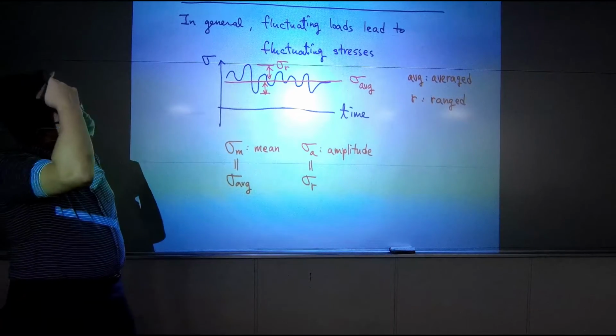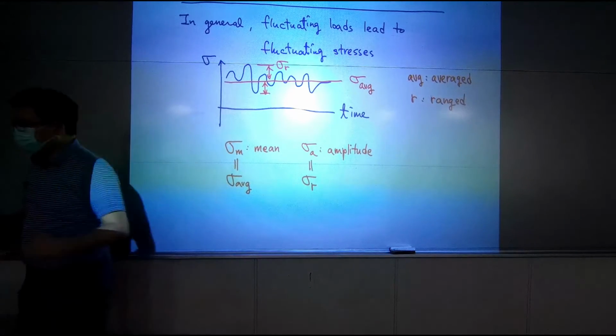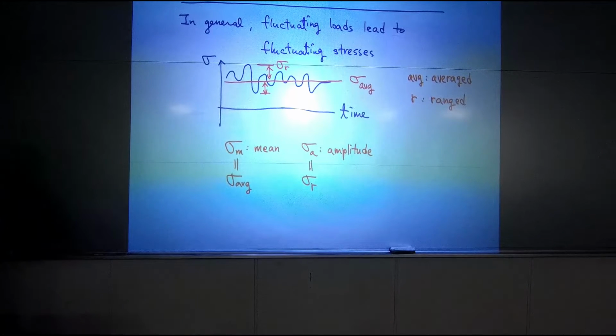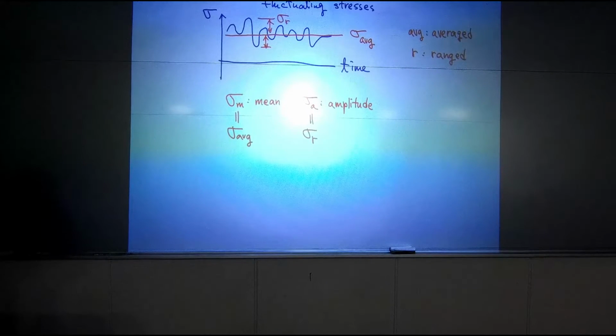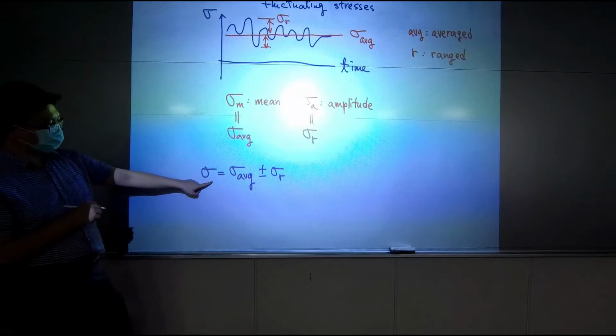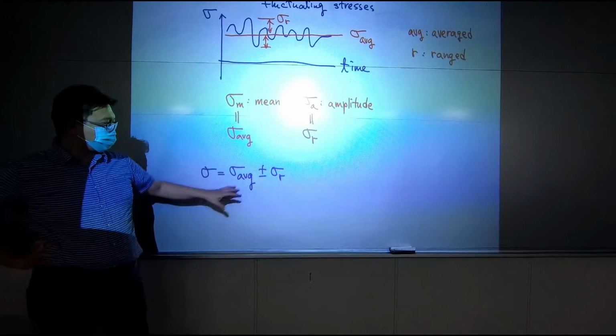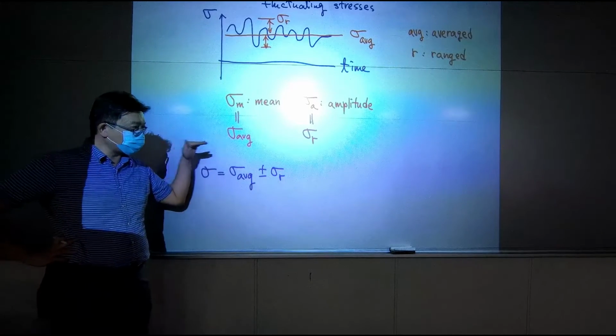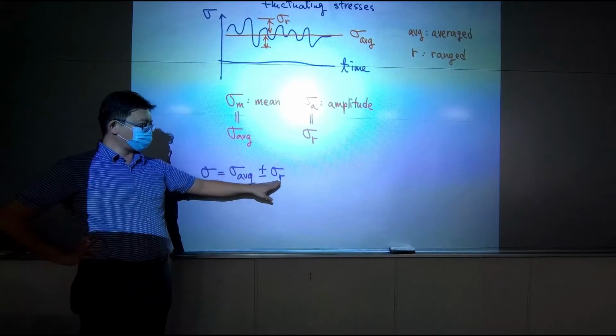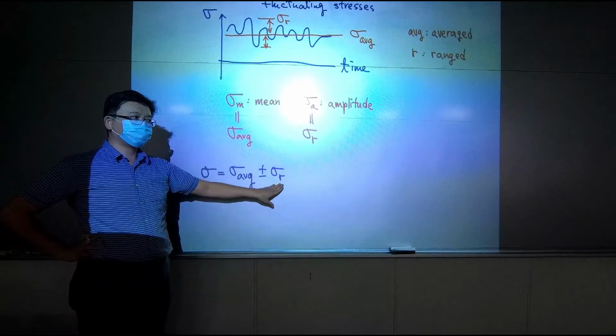Okay? So if we study this in a statistical way, basically, what's happening is your material is under a dynamic loading like this. It's under a constant load plus or minus a ranged load.